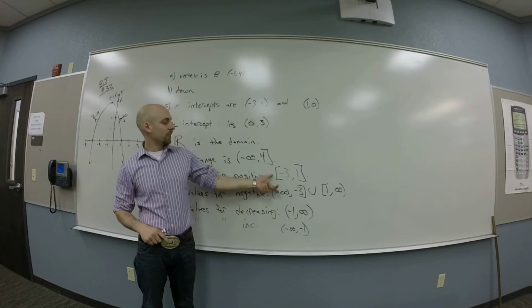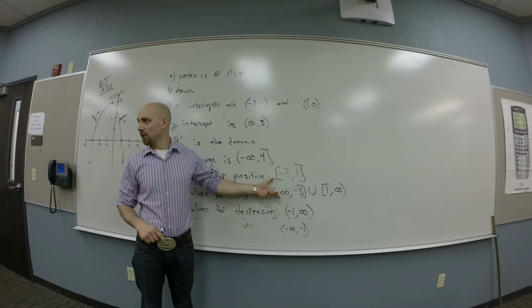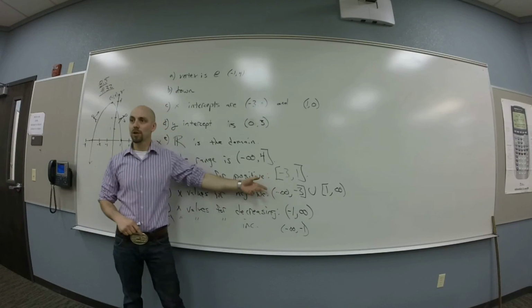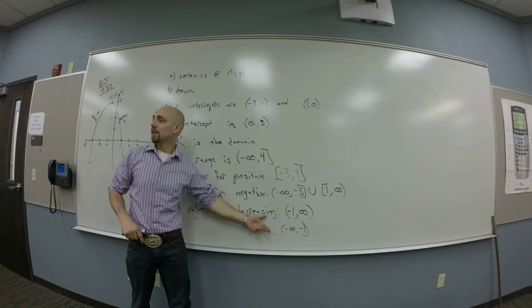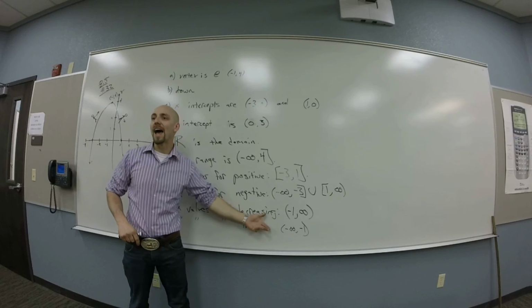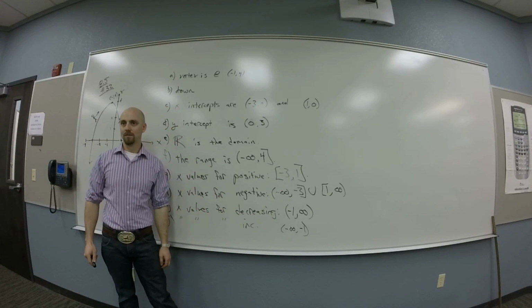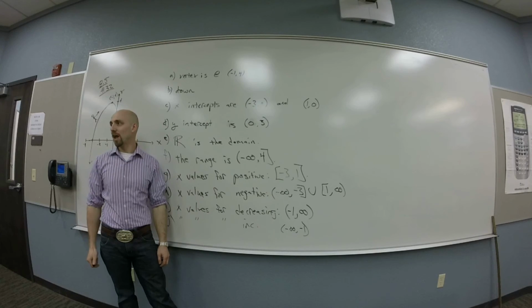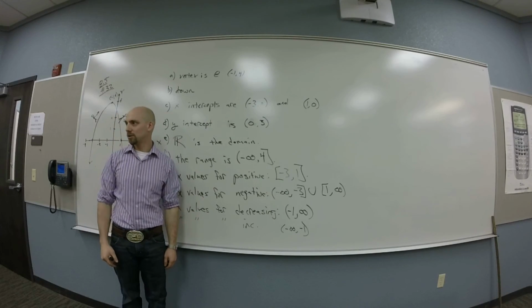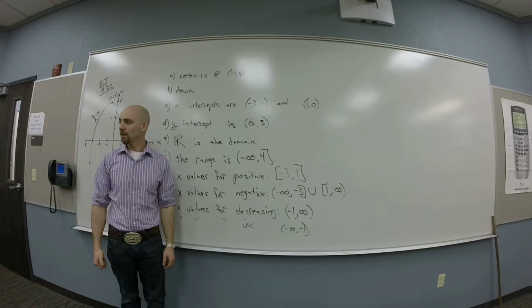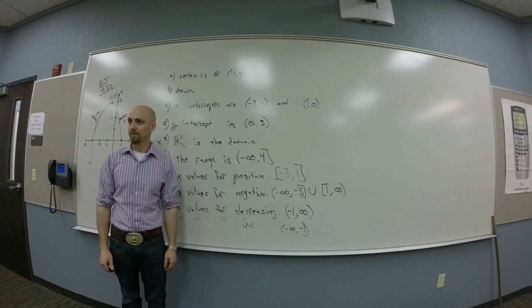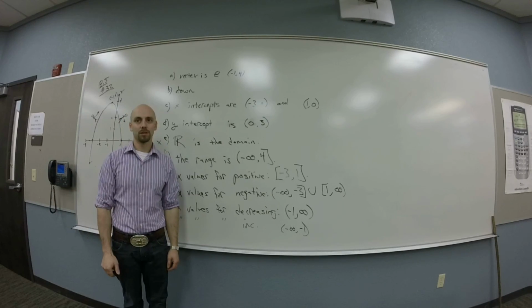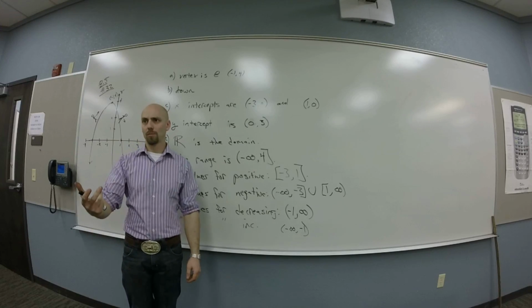So these guys should account for everything except maybe where the thing's flat. You guys see that? If there was a big flat spot, what would I want to call that? Yeah, I'd want to say it's constant. You guys cool with this? That helps, Robert? Yes, thank you.